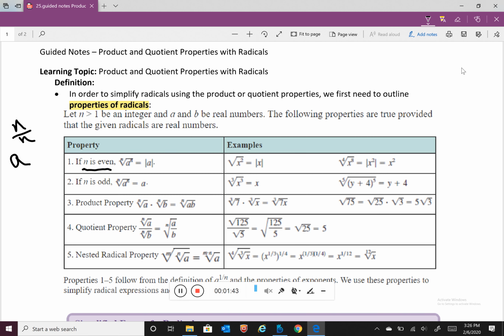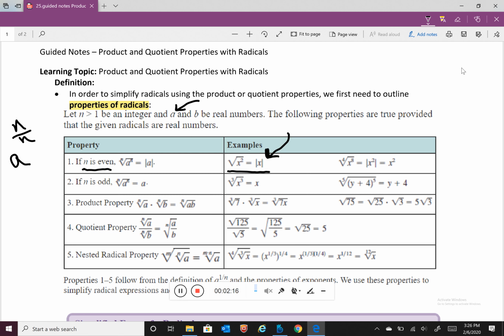But what we have to come back to and remember is that a can be any real number, such as a negative number. So let's take this example. If we let x be negative, what is a negative squared? Well, a negative times a negative is a positive, and the square root of a positive gives us back a positive as well, which is why we need absolute value symbols here.